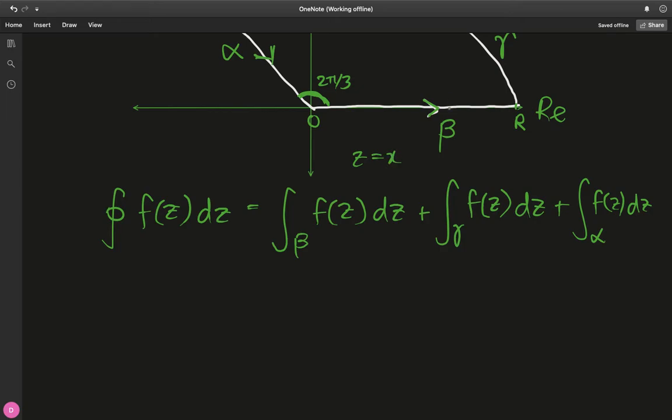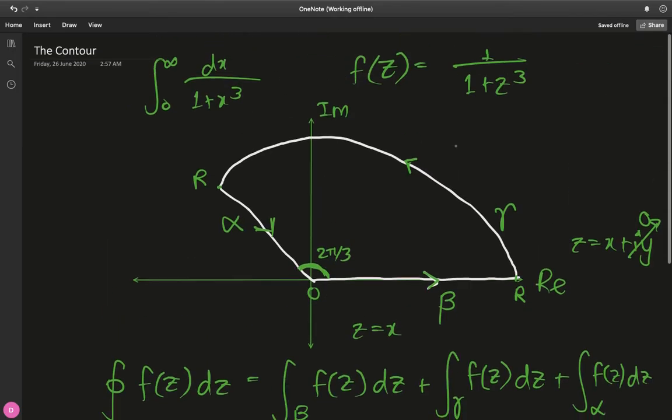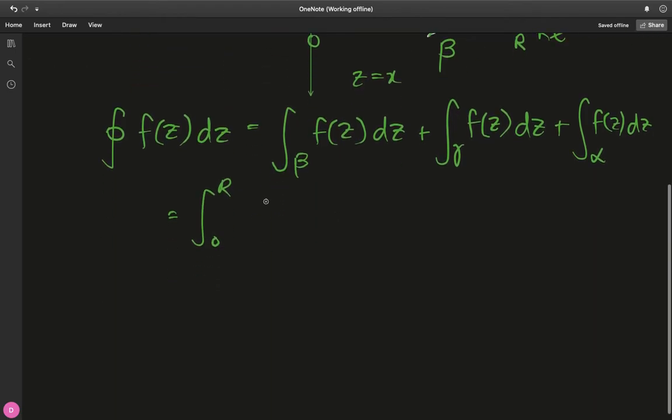So integral over beta, the parameterization that we do is we let z equal x, because there is no y component, there is no imaginary component, because traditionally z is defined as x plus iy, but being on the real axis from 0 to r on path beta, the imaginary component is 0. So we can parameterize beta as being integral from 0 to r with z equals x. So f of z will be 1 over 1 plus z cubed, but z is equal to x, so 1 over 1 plus x cubed.